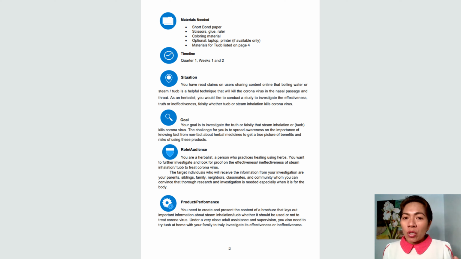So, what is the goal? What is the goal that the child should be responsible for? Your goal is to investigate. So, who is the "your"? The child, the learner who will perform, our herbalist. Your goal is to investigate the truth or falsity that steam inhalation, or the tuob, kills coronavirus.